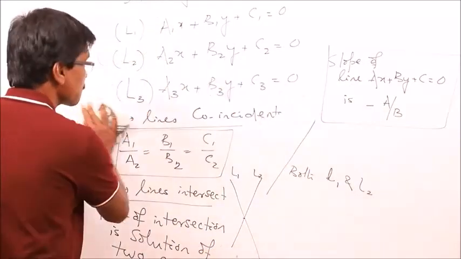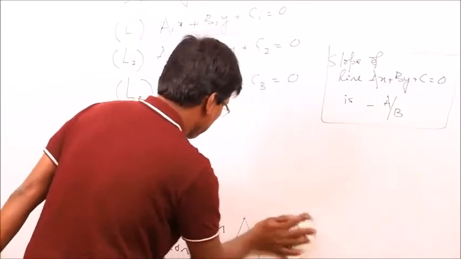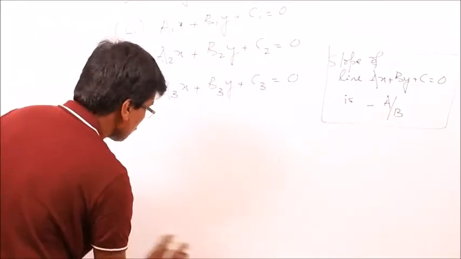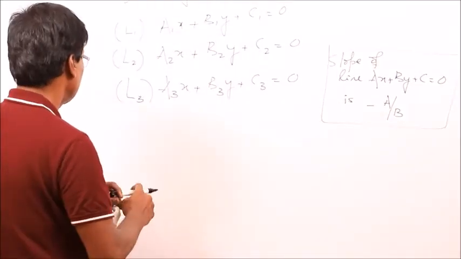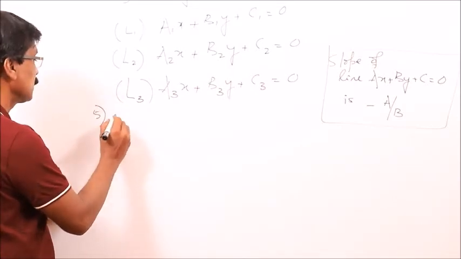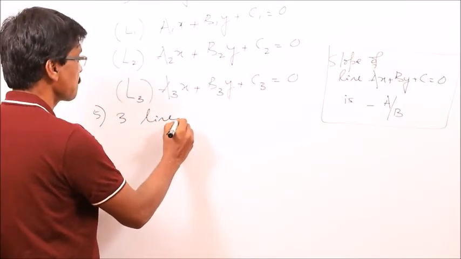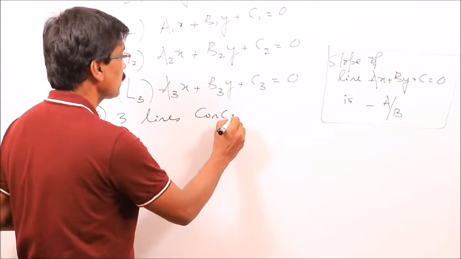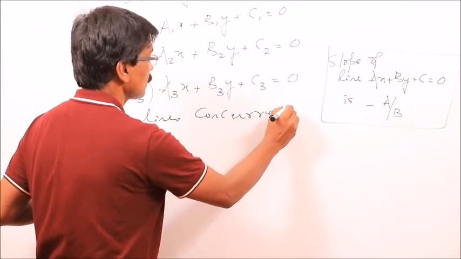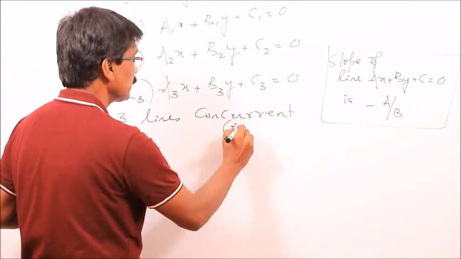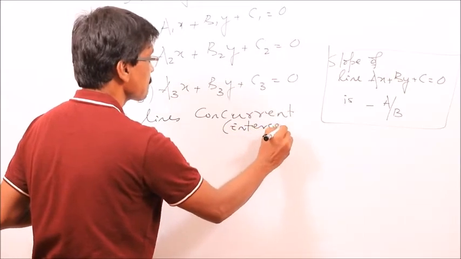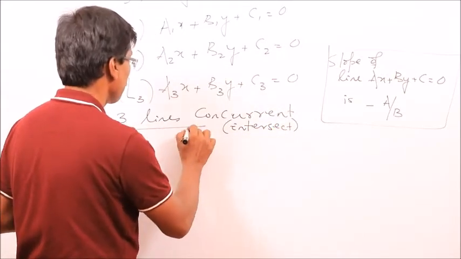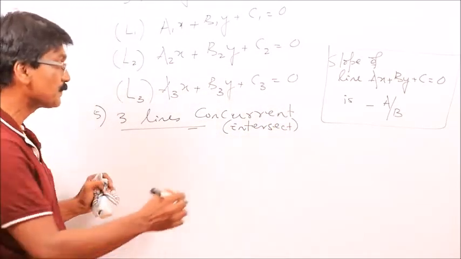And the fifth condition is three lines concurrent, intersect each other. That is called concurrency.